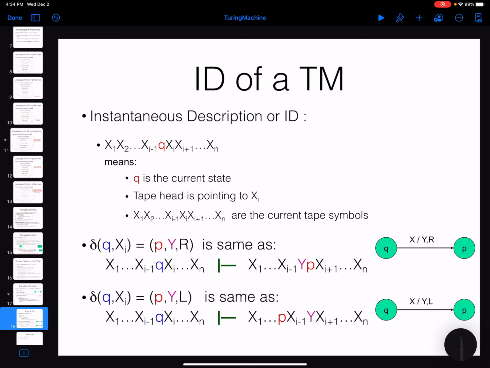Okay, the instantaneous description, or ID, for the Turing machine.